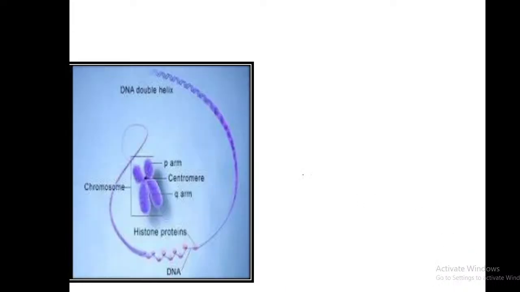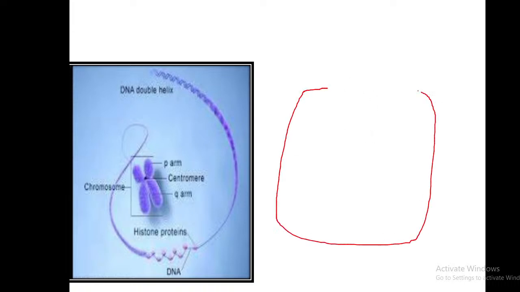Now, a basic understanding of where the chromosome is located. You are all aware that in a cell, you will have a nucleus, and inside the nucleus the chromosomes are located, and inside the chromosomes the DNA is tightly packed.